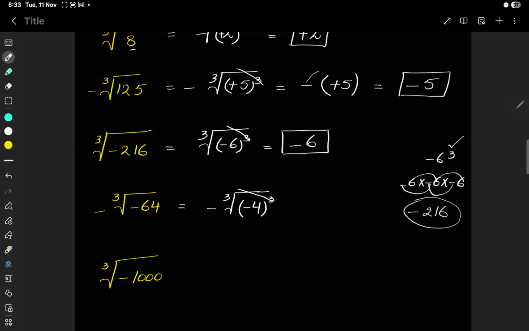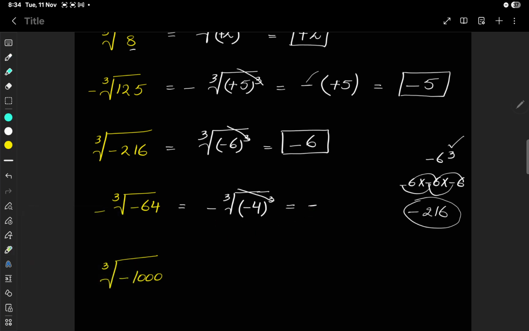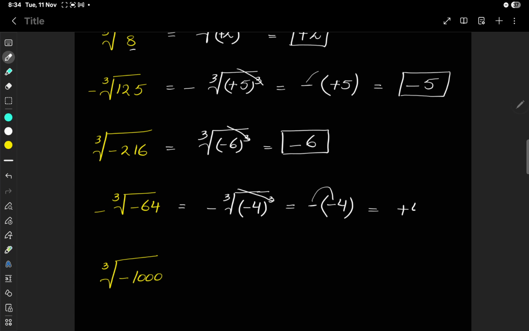The cube root will remove the cube and the minus will stay outside. This minus will stay outside, and the answer of this cube root is minus 4. So the final answer will be minus minus plus, minus minus plus 4. That's how you will solve this.